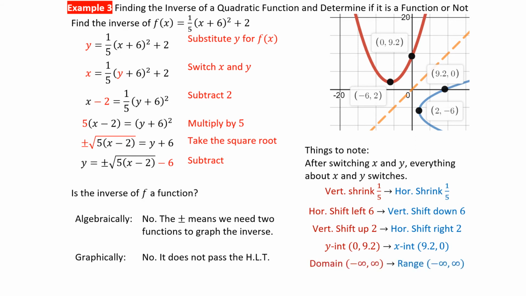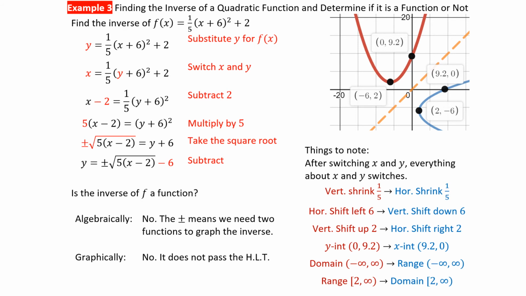The original parabola has a domain from negative to positive infinity. We can plug in anything for x and add 6 and square it and multiply and add. When we look at the blue, although not much of it is shown, you get the sense that that parabola is going to go down forever and up forever. The range goes from negative to positive infinity.